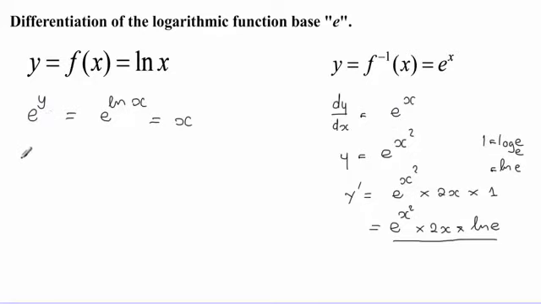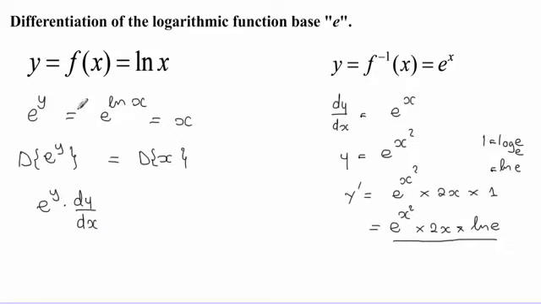So we are going to apply differentiation on both sides here. I'll just use d as a differential operator, d of x. So what you're going to get here is e to the y bouncing back multiplied by the derivative of y with respect to x.